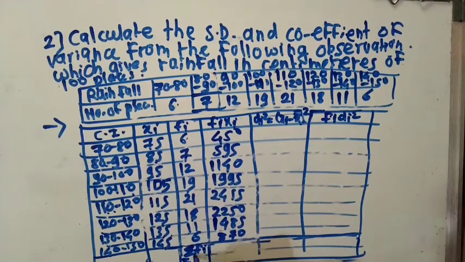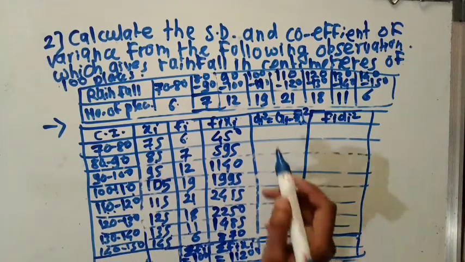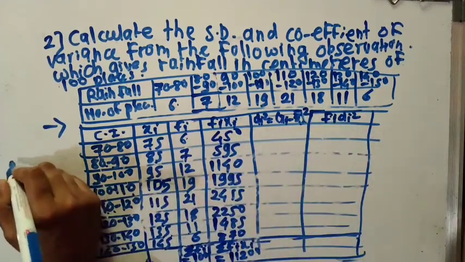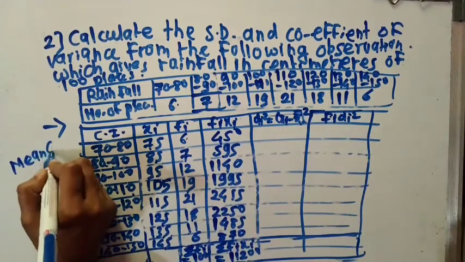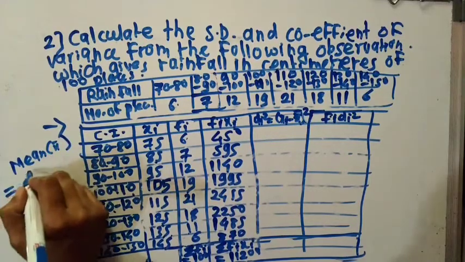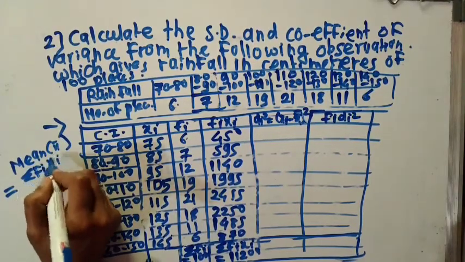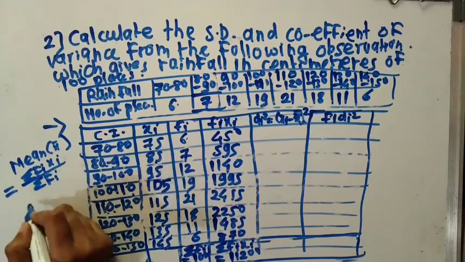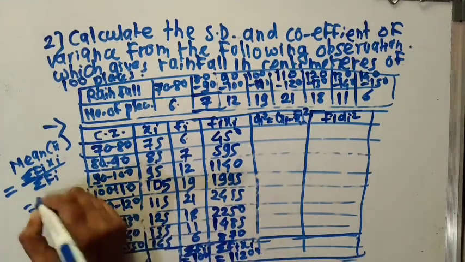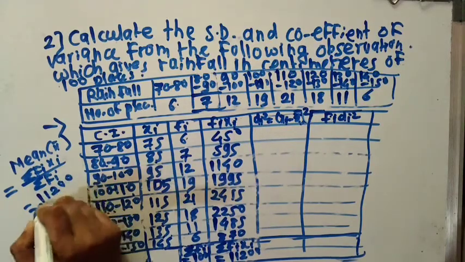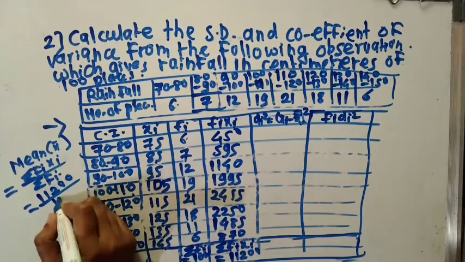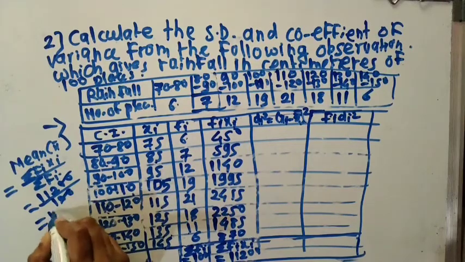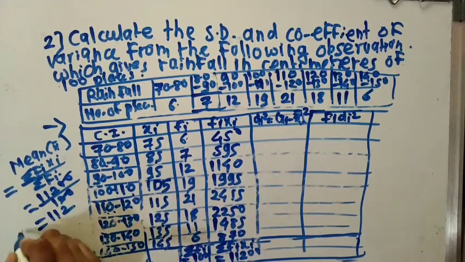All this summation is 100, and the summation of fi xi is 11,200. Hence mean x bar is equal to summation of fi xi upon summation of fi, which is 11,200 upon 100, equal to 112.